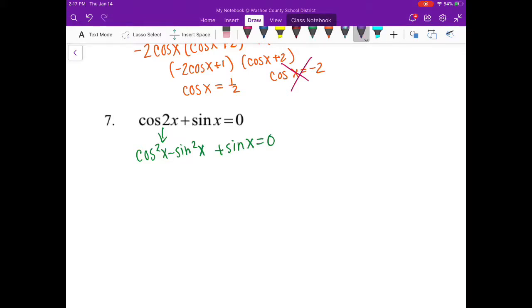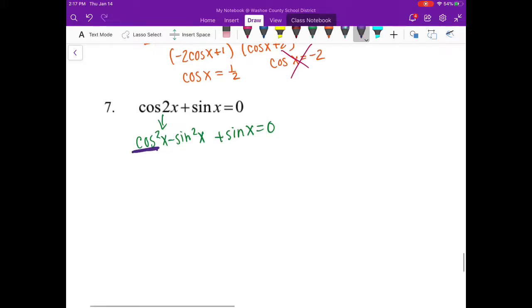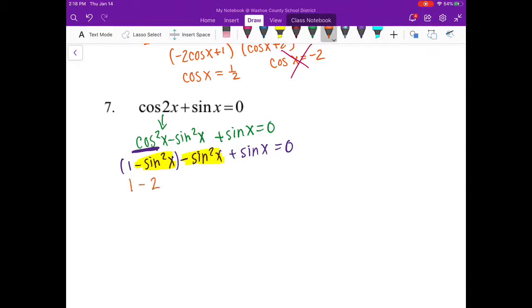Then again, that cosine squared can be rewritten in terms of sine by replacing it with 1 minus sine squared of x, and then minus sine squared of x again, because that's part of the equation already. This happens again where we have a negative sine squared of x minus another sine squared of x. So now we have 1 minus 2 of them.